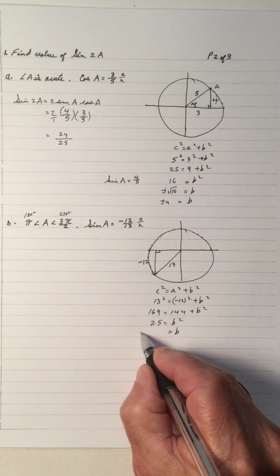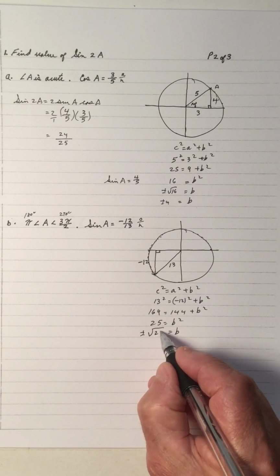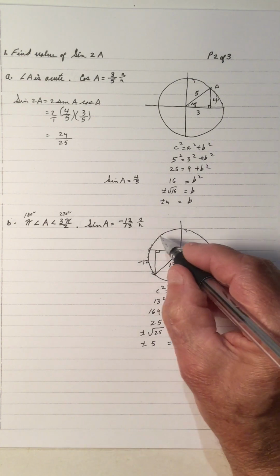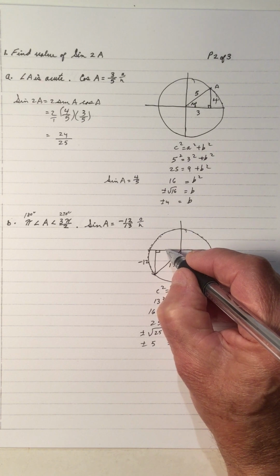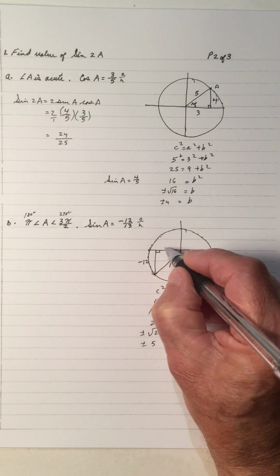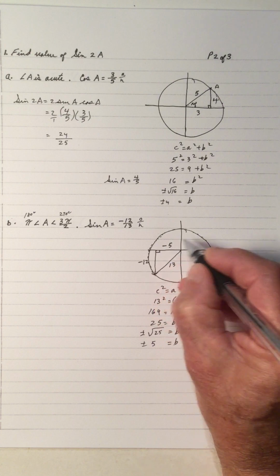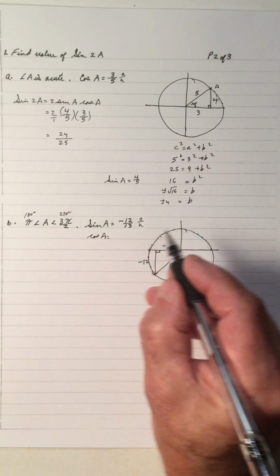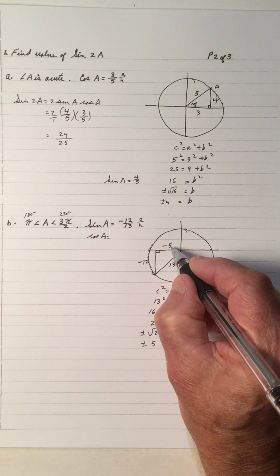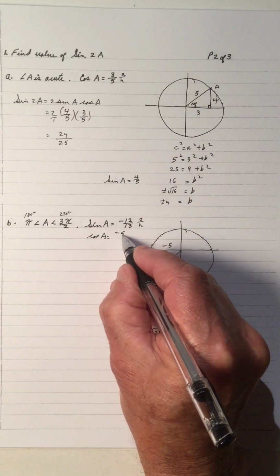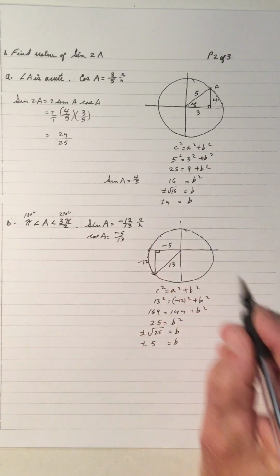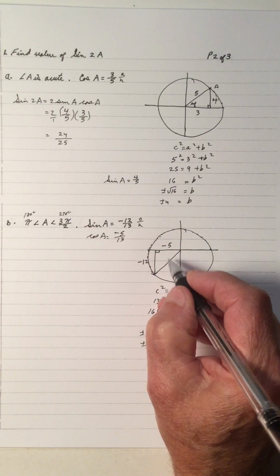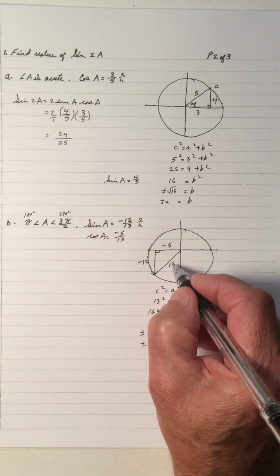So b is plus or minus the square root of 25, so b is plus or minus 5. So this side right here is moving to the left as x is negative, so that's a negative 5. So that means the cos of angle A is adjacent over hypotenuse, so it's a negative 5 over 13. Cos is the x over the radius, or the adjacent over the hypotenuse.